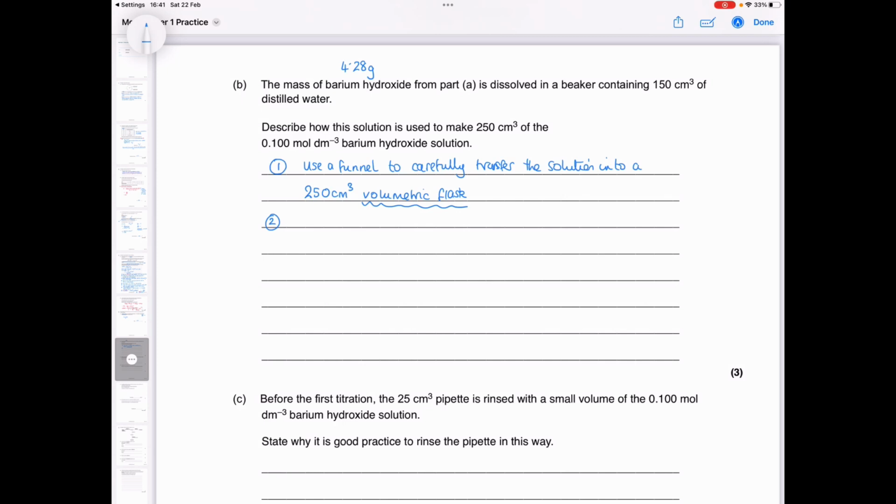Then number 2, use a wash bottle of distilled water to wash the beaker and funnel into the volumetric flask.